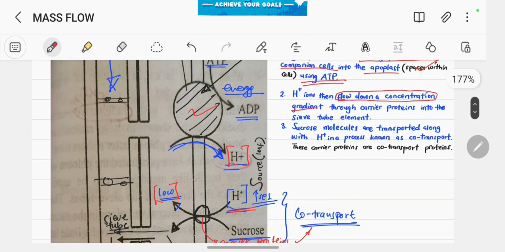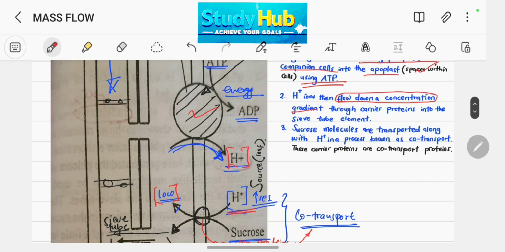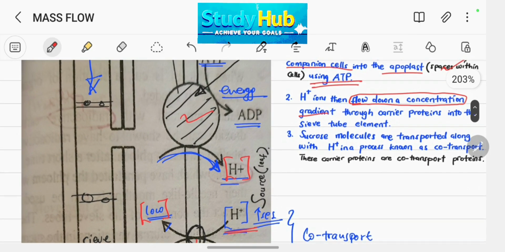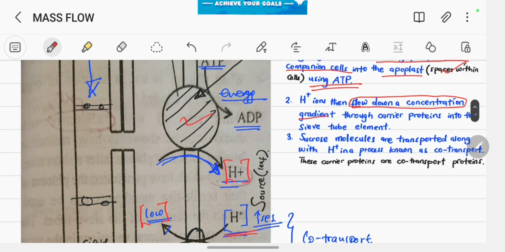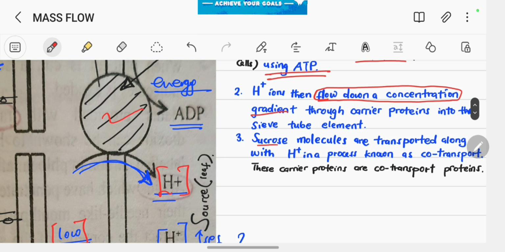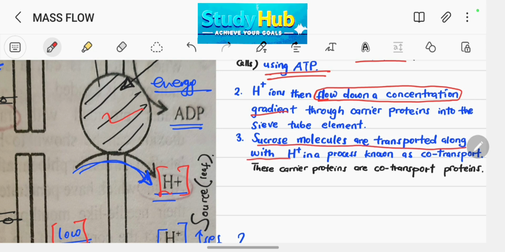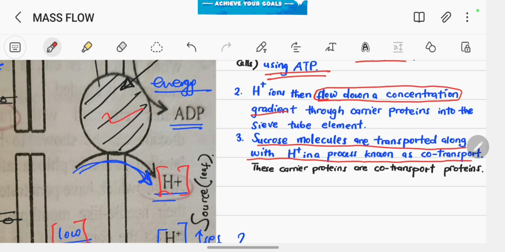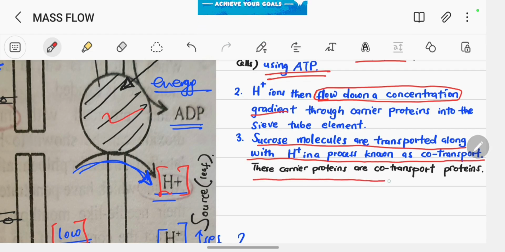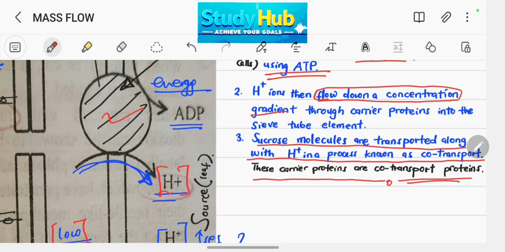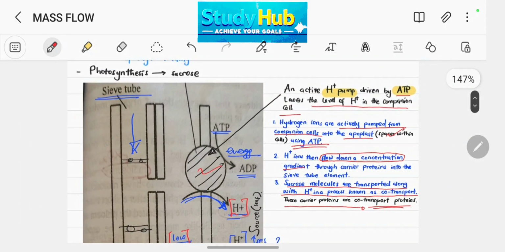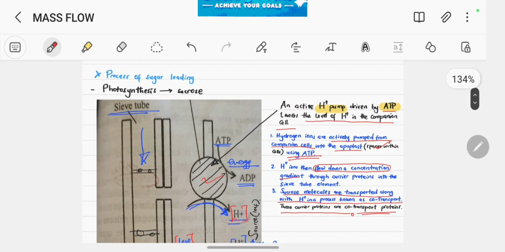Then sucrose molecules are transported along with hydrogen in the process known as co-transport. These carrier proteins are also known as co-transport proteins. So this is it, the process of sugar loading.